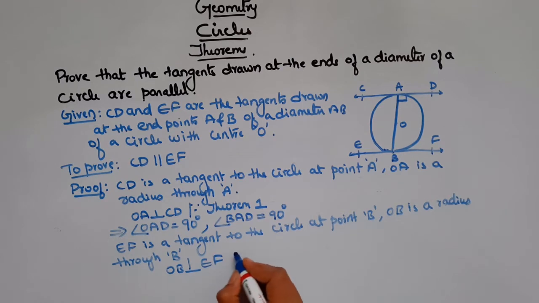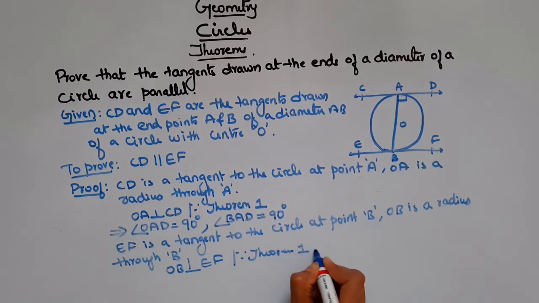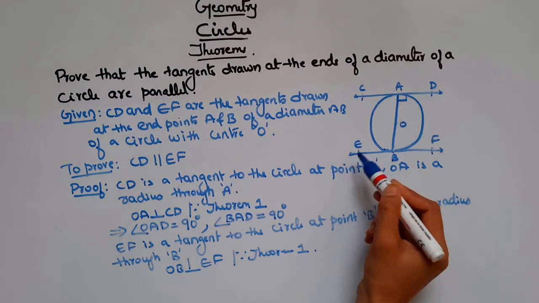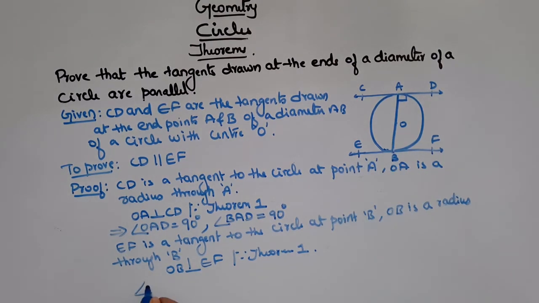Right? So now we have OB perpendicular to EF. That means we can say angle OBE is equal to 90 degrees.